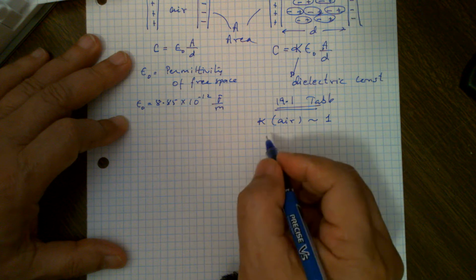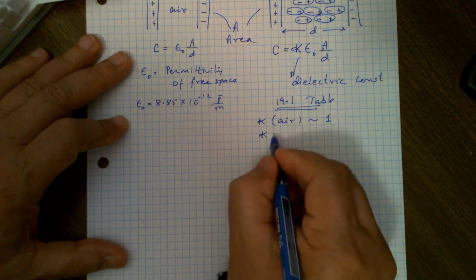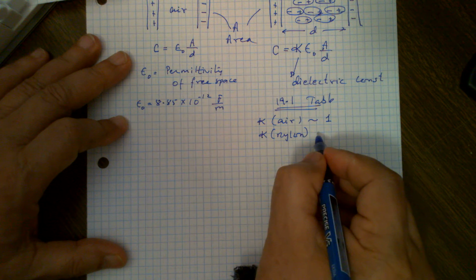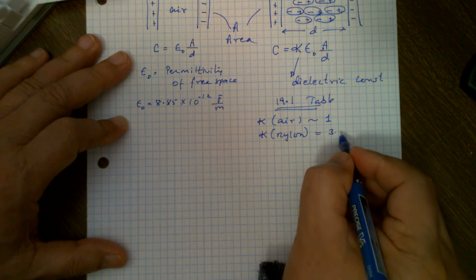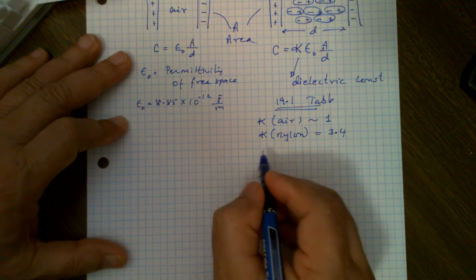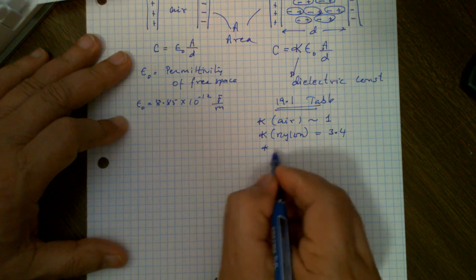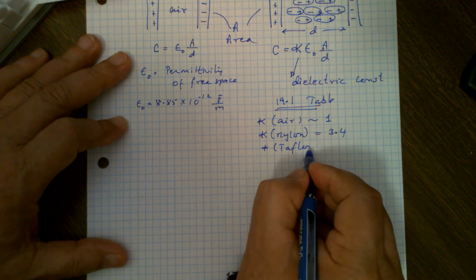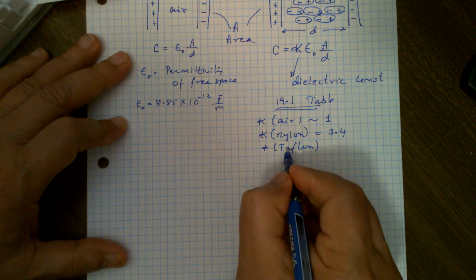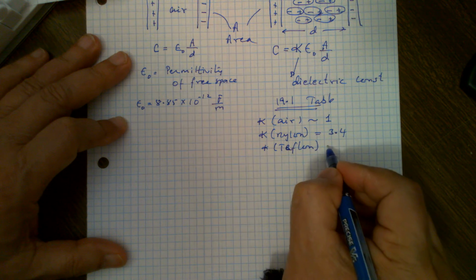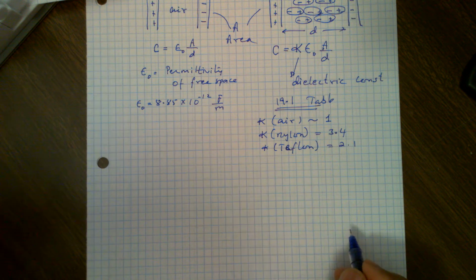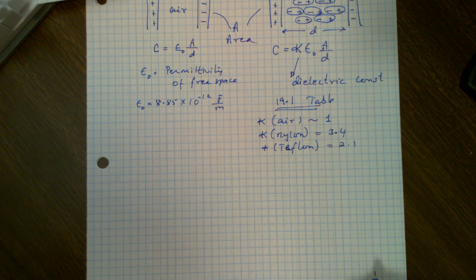But for other materials, for example nylon, the value they give is about 3.4. For Teflon, I think it's 2.1, and so on. So they have a whole bunch of materials and these numbers given.